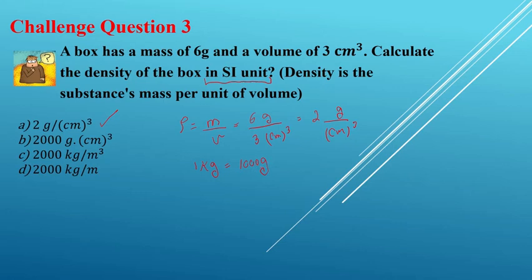This is my first conversion factor. And the second one is 1 meter is equal to 100 centimeters. These are two conversion factors I already know, correct? So now I'm going to do the conversion.